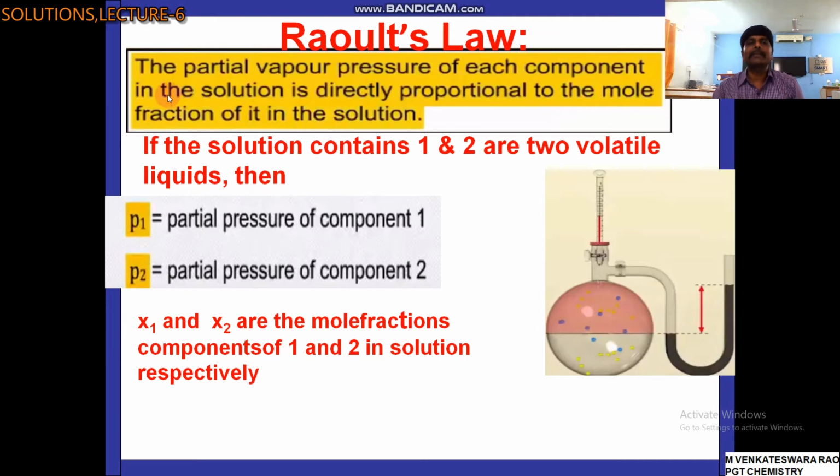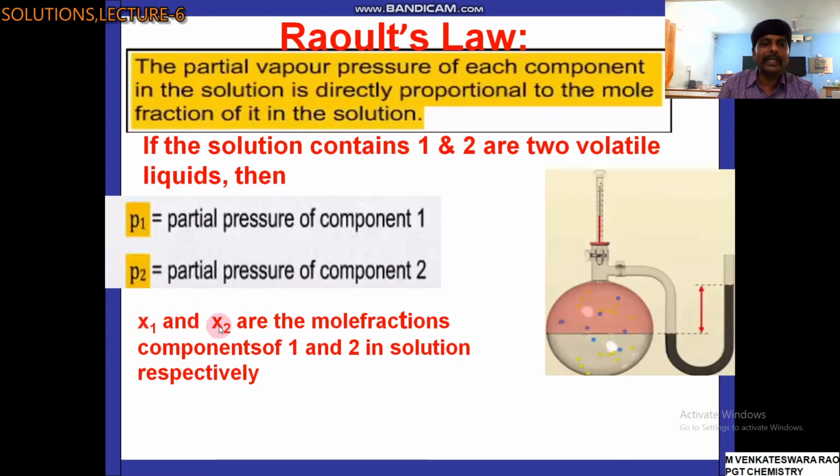Again from the beginning, what is the statement of Raoult's law? The partial vapor pressure of each component in the solution is directly proportional to the mole fraction of it in the solution. Take one solution containing two components 1 and 2. Let P1 be the partial pressure of component 1 and P2 the partial pressure of component 2.